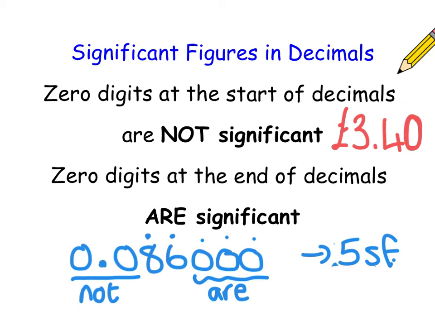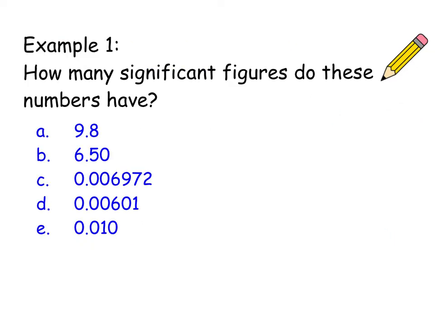Let's look at some examples. So I've got some number questions here, and first of all, before we ask you to round, I want you to be able to understand how many significant figures each of these numbers have. So the first one, let's have a wee look. So remember, zeros at the beginning don't count, zeros at the end do. So this one doesn't have any zeros at all.